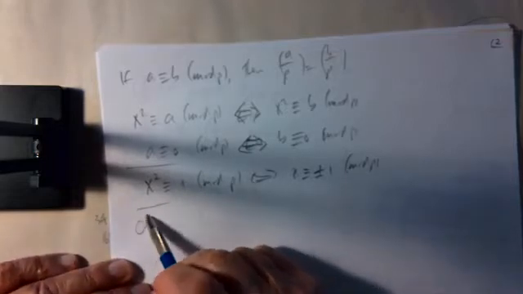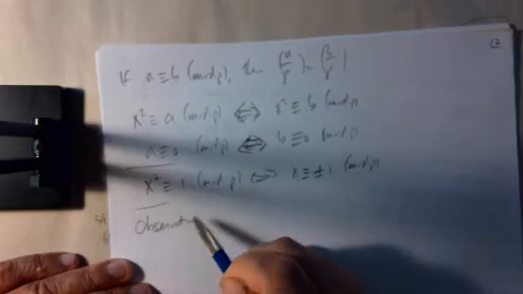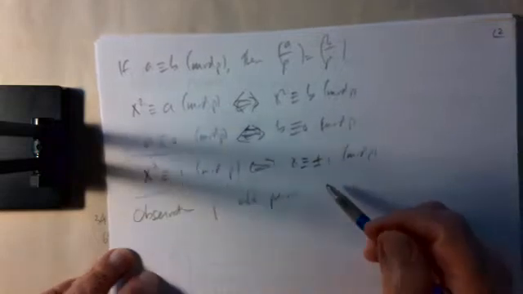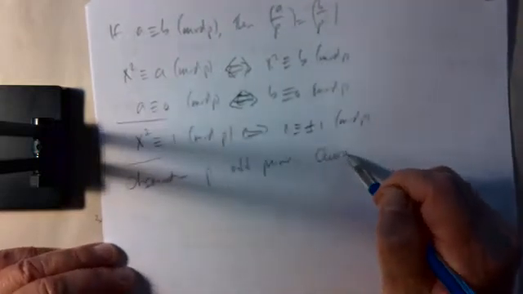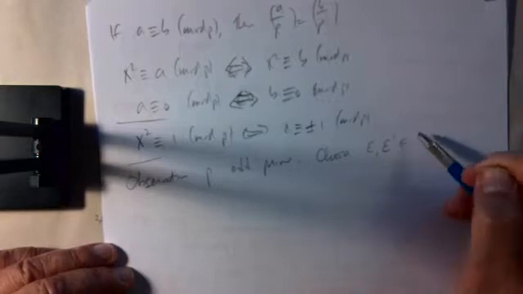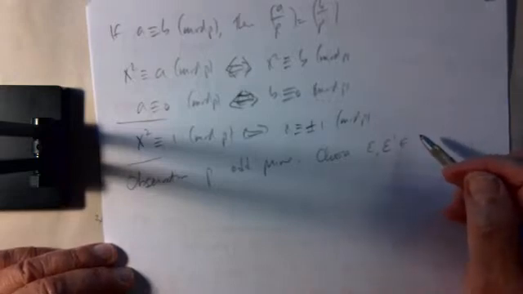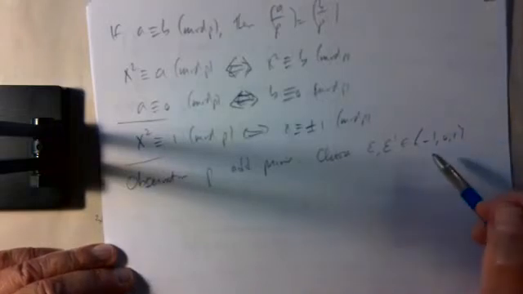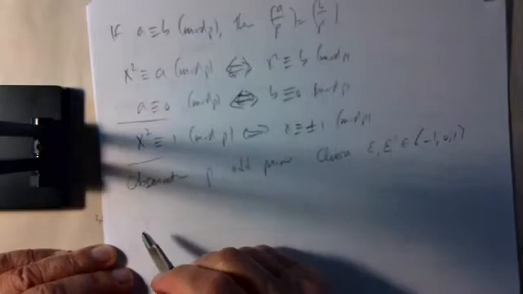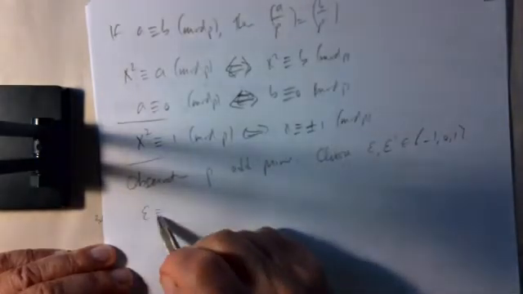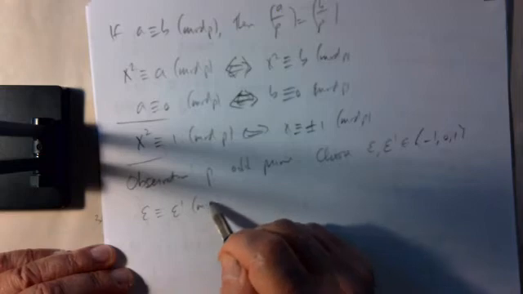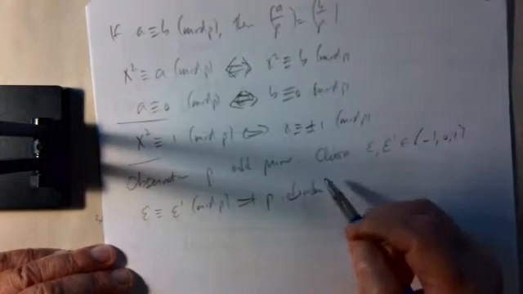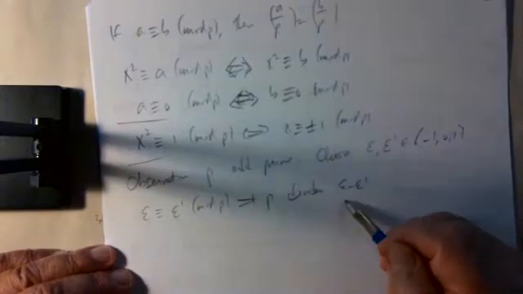Let's make another observation. p is an odd prime. If we choose 2 numbers, epsilon and epsilon prime, from the set -1, 0, and 1. So these numbers are either plus or minus 1 or 0. Then if epsilon is congruent to epsilon prime mod p, that means p divides epsilon minus epsilon prime.